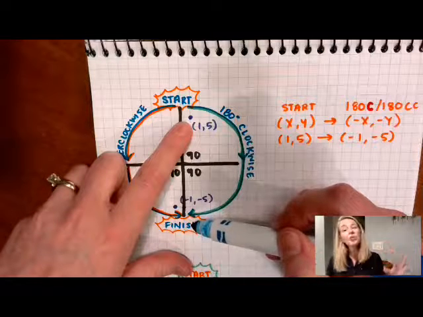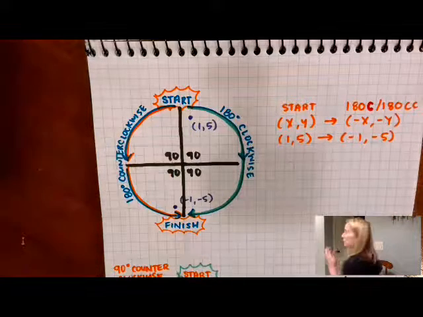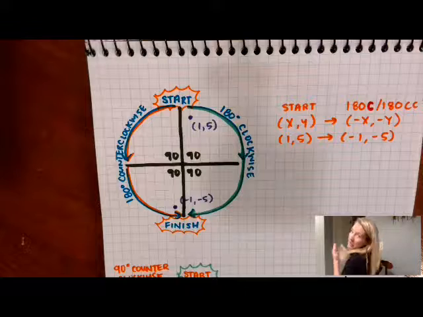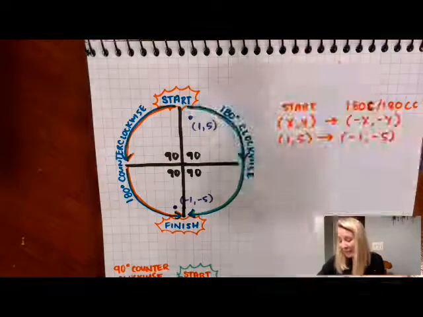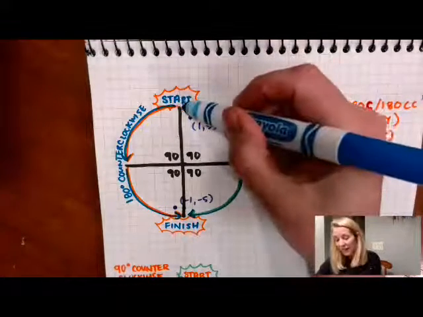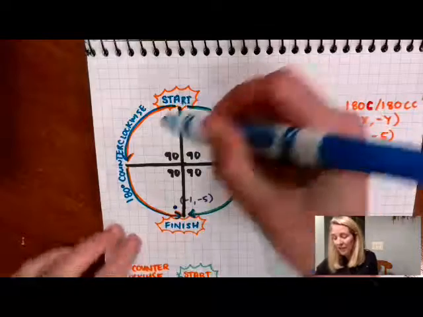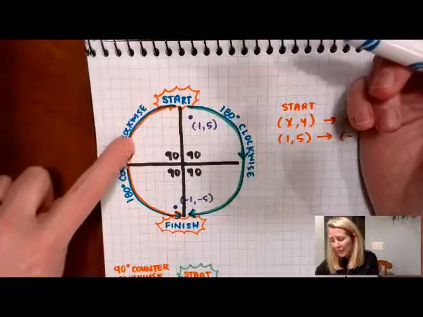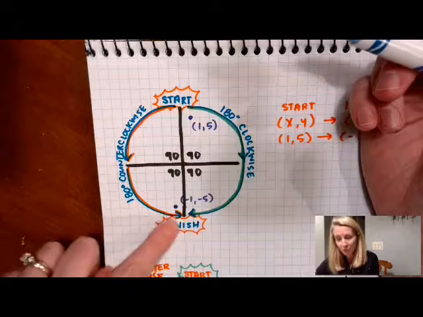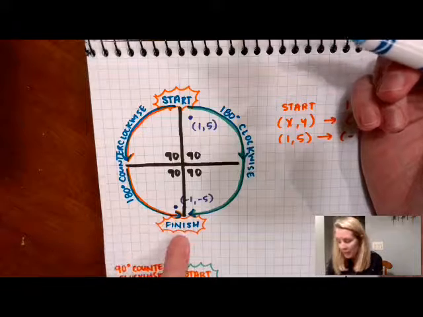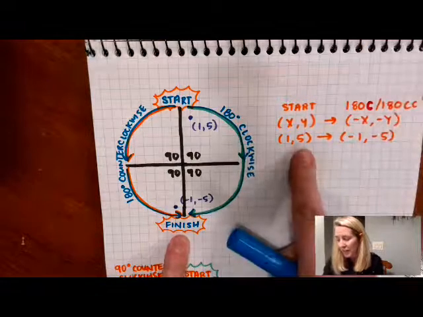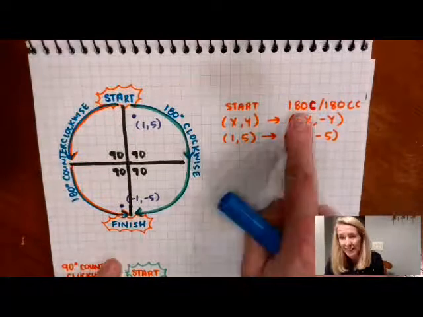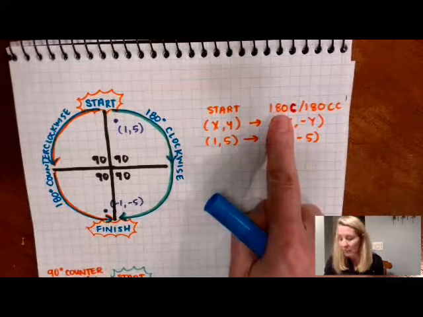If I'm looking at you, and I do 1 quarter turn, and then another one, you'll just see the back of my head. So we don't want that. We want you to face forward, hopefully, and to keep on explaining, that's the same thing as 180 degrees counterclockwise. Same starting point, but if I'm moving to the left and going counterclockwise, I'm going to have the same finish point. So the trick on this one is, again, 180 degrees clockwise and counterclockwise is going to be the same for both of them.